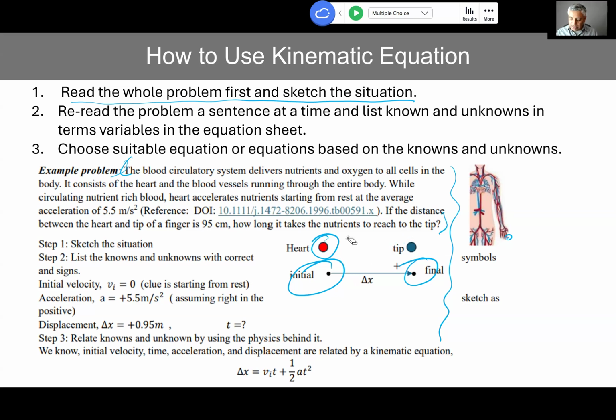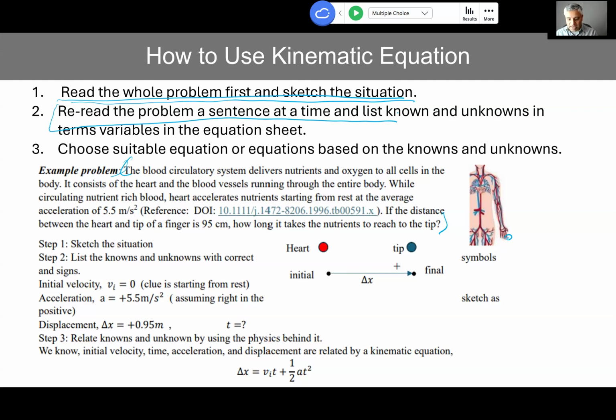And you also want to assume which direction you want positive. You want to indicate that in this case. Which direction is positive? Once you have done that, reread the problem, now a sentence at a time.